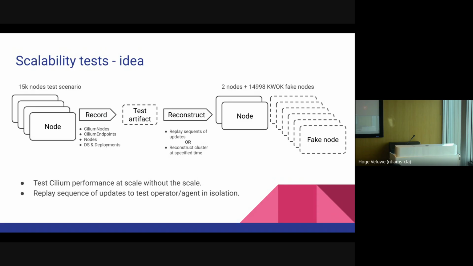When running those tests, I just need kind. It's quite easy to set up the kind cluster. Then I can just add an additional command, like, load these test artifacts, and this applies those artifacts to the Cube API.